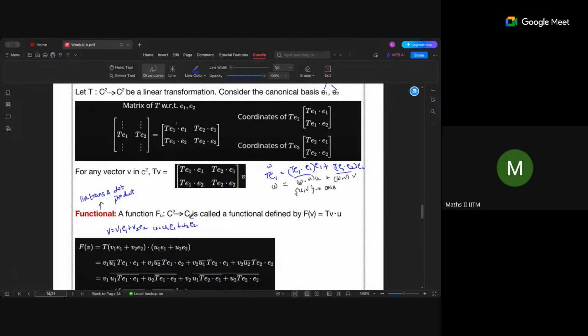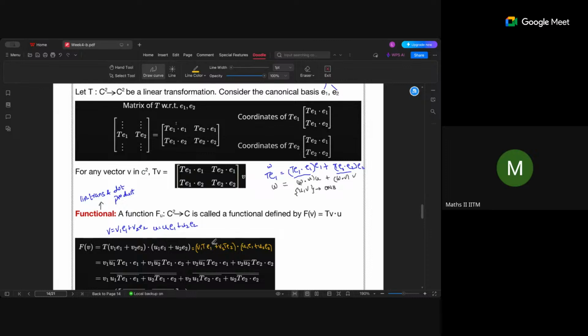When I do the dot product in C2, you know that the second argument gets a bar. That's why you see it here. Now, first of all, you apply the linear transformation. So you get v1 TE1 plus v2 TE2, and then you take the dot product with u1 e1 plus u2 e2.